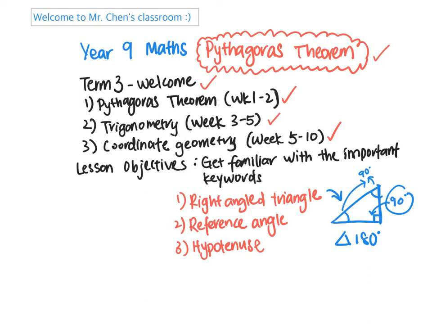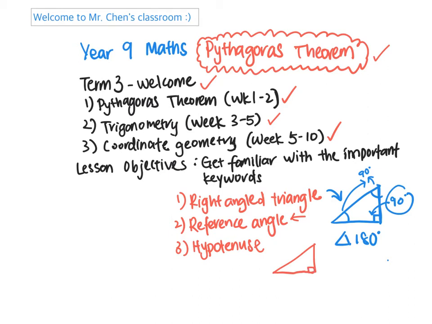For the second keyword, I'm going to talk about reference angles. A reference angle means an angle that you are referring to, and it can be any of the angles. So I'm going to make another right angle triangle that has a 90 degree angle.